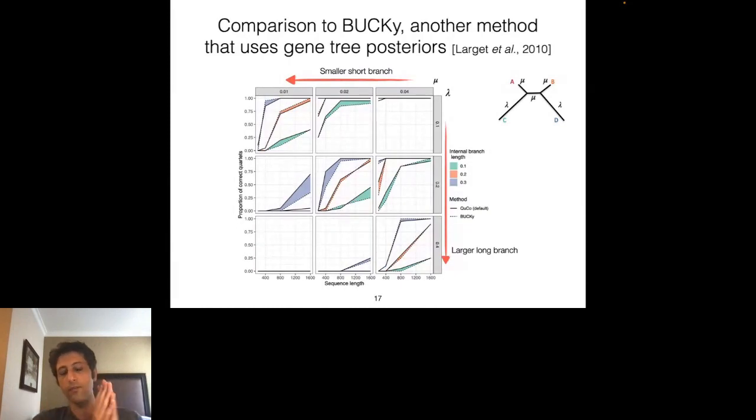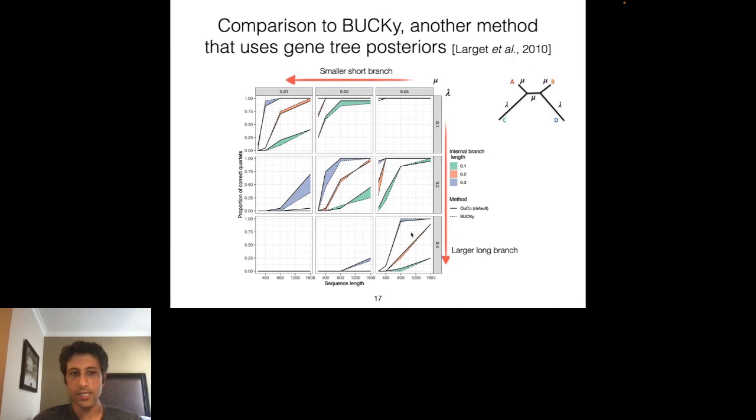Now, this kind of method that I described takes as input MrBayes distributions independently estimated and combines them together, right? There is another method called Bucky that does the same thing. This is from Cecile Ané's group from back in 2010. When we compare QuCo to Bucky, the improvements are much less.